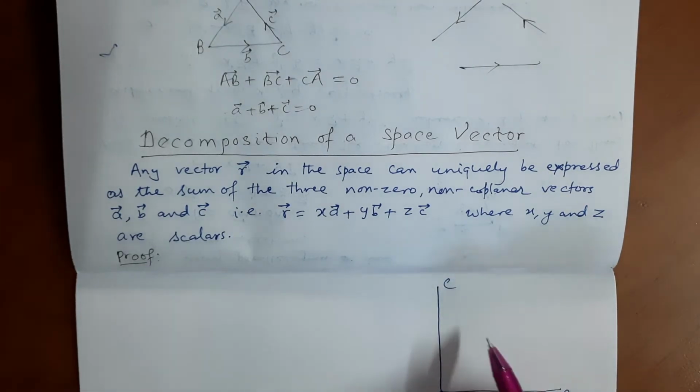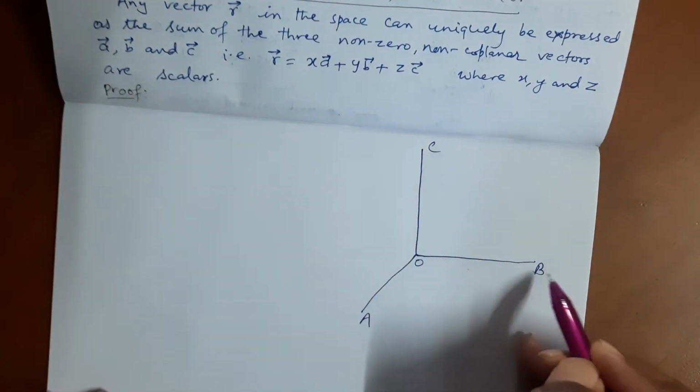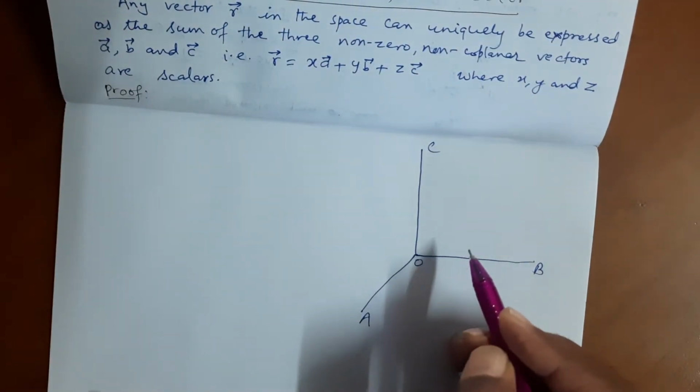OA, OB and OC are three mutually perpendicular straight lines here.